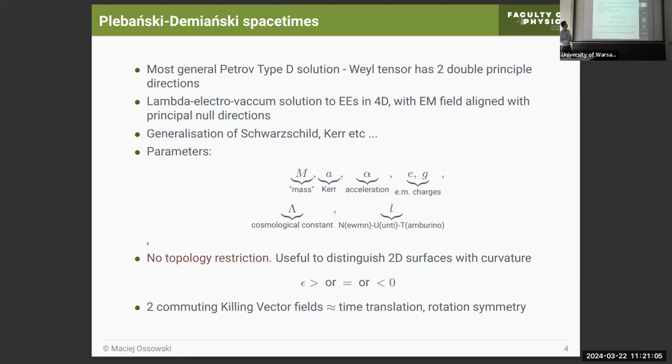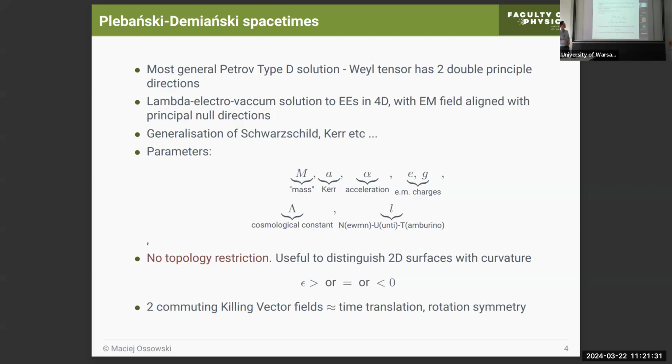Of course, the main reason why they are so widely studied is because this family generalizes all of the most widely studied black hole solutions, such as Schwarzschild and Kerr. And this generalization can be thought of as the inclusion of more physical parameters.